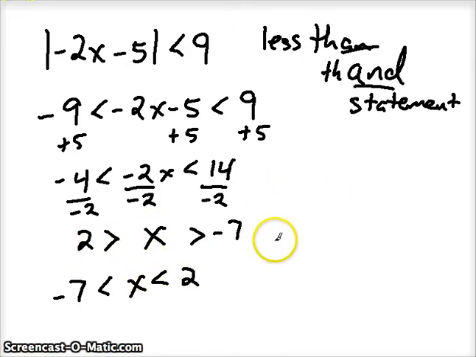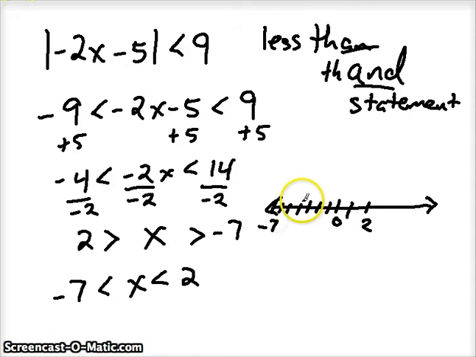And if we graph that on a number line, here's 0, here's 1, 2, and 1, 2, 3, 4, 5, 6, negative 7's about there. Remember, we're using open circles because they don't have the or equal line underneath the inequalities.